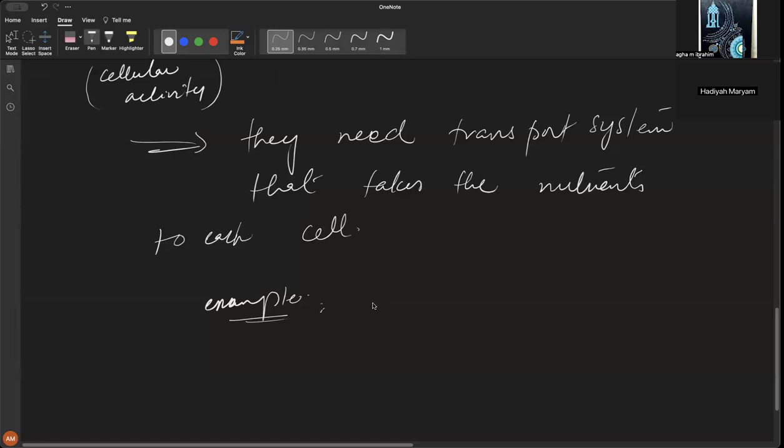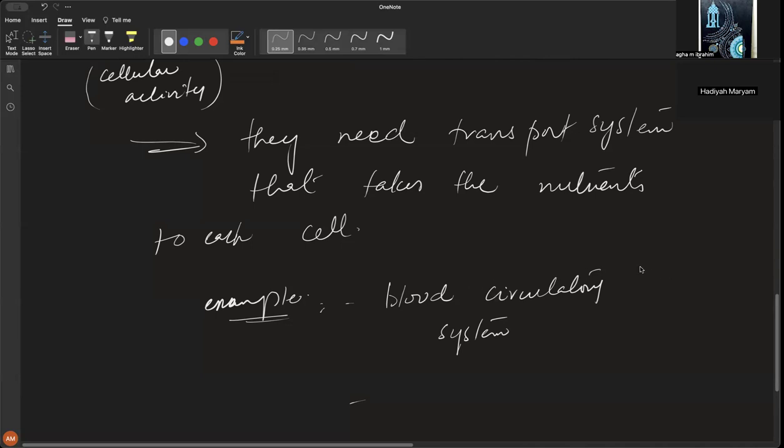So examples of such transport systems are many. If you talk about animals, we have the blood circulatory system, right? This blood circulatory system is the one making sure that every cell is getting the nutrients, and every cell is able to effectively, efficiently remove its waste products, which can be taken away from them and does not build up in the body.